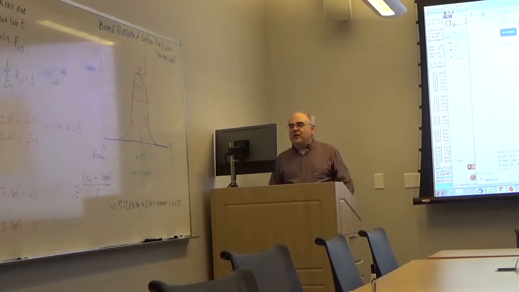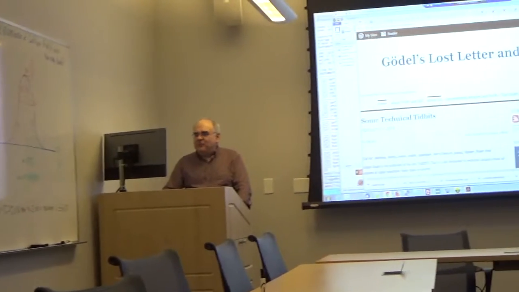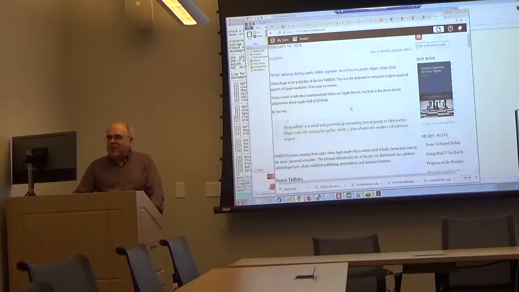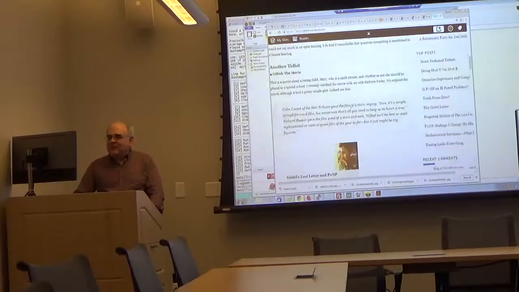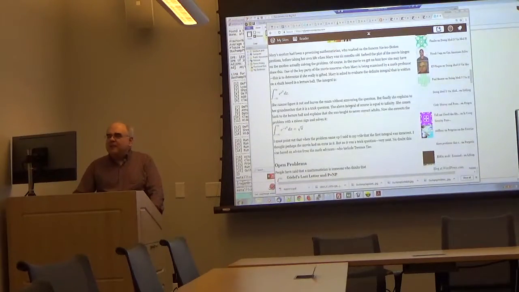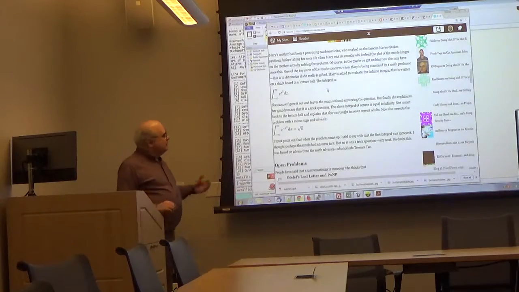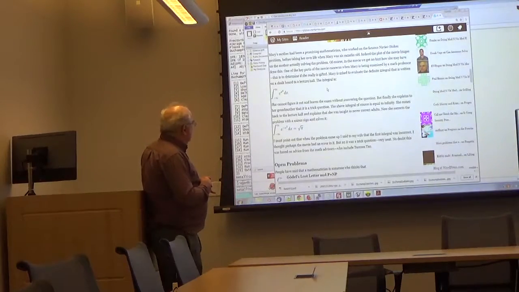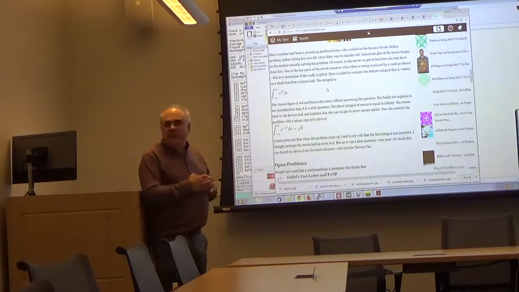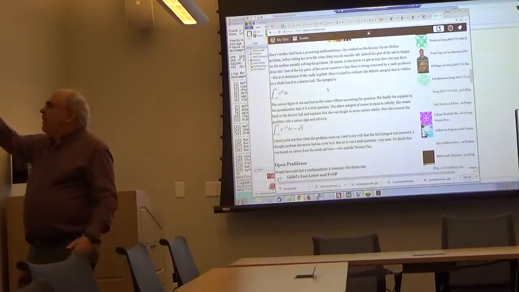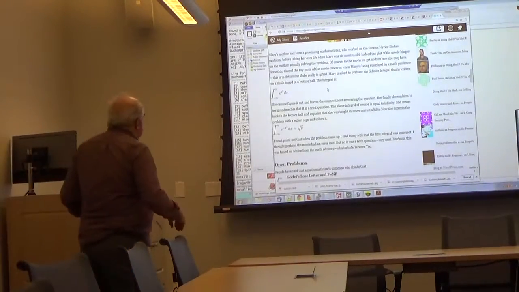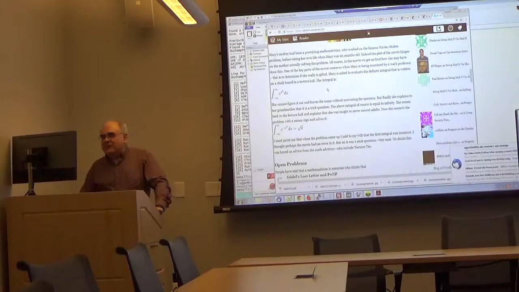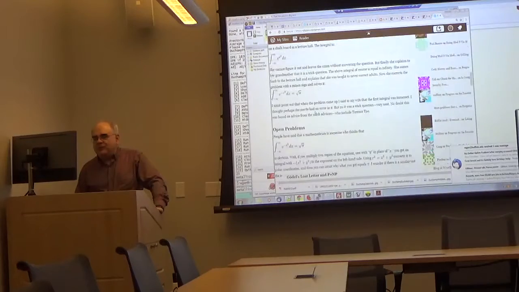All right, so now let me show you the current post on the Gödel's Lost Letter blog, which I was helping Dick Lipton post just before class. It's a hodgepodge post, mixing and matching mathematical facts. But at the very bottom, it talks about the integral of the function, minus a normalization constant, that defines this curve. So it's e to the minus x squared times a constant that's used to normalize it, but we'll just leave it out.